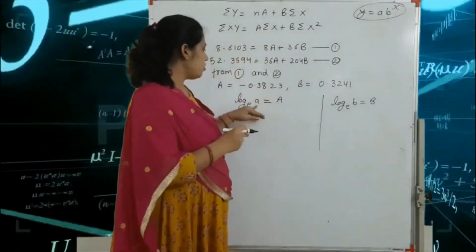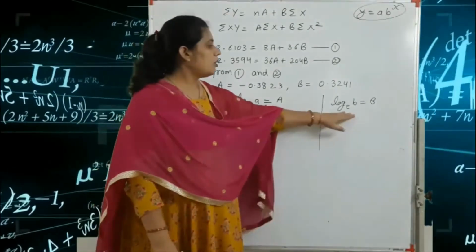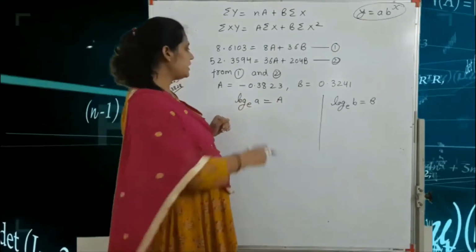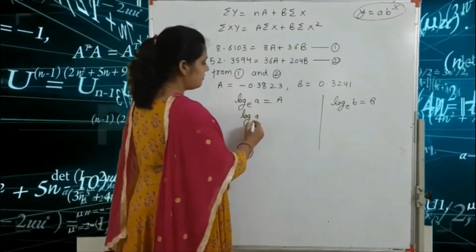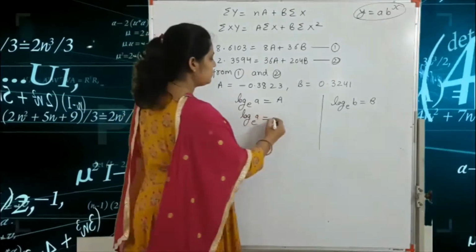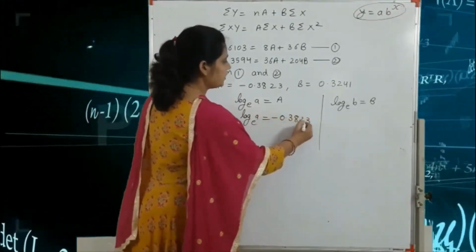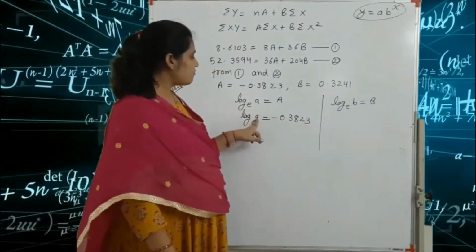So in the log a, base e is equal to capital A, and the log b, base e is equal to capital B. So here put the value of capital A. So log a base e is equal to minus 0.3823. Got it? So here we find the value of a.